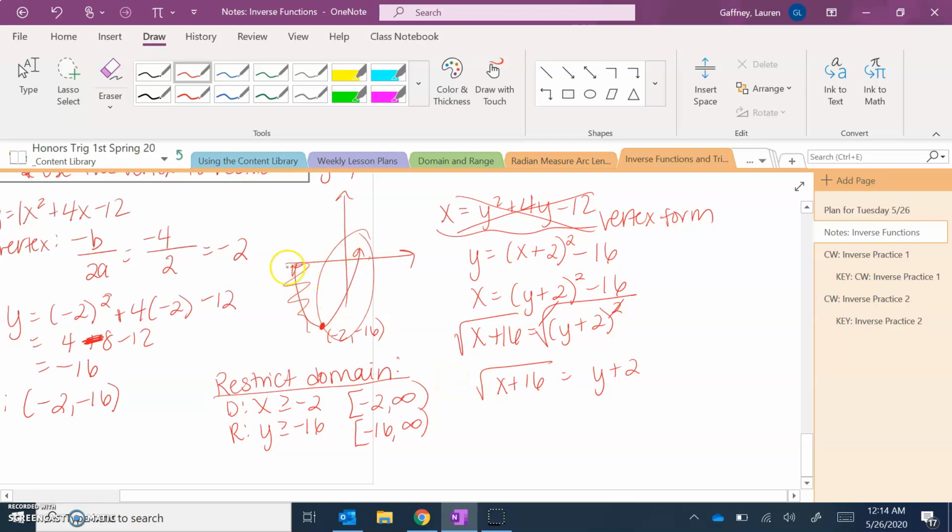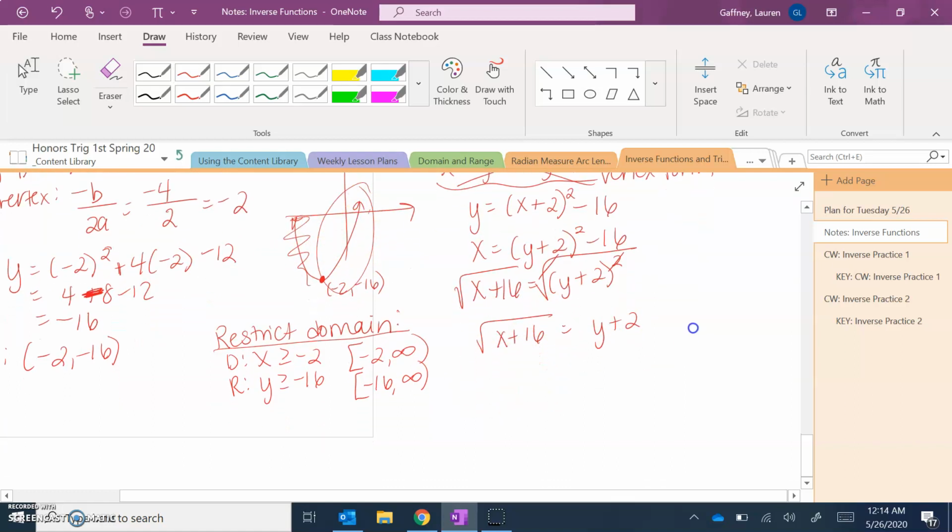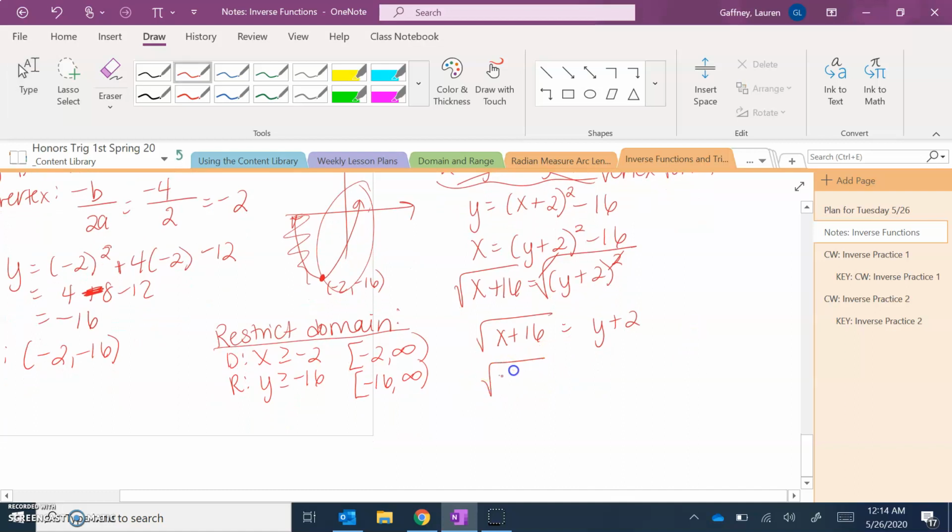Kind of like we didn't want both sides here, you don't want both sides here. Generally, if you keep the right-hand side, which is like the positive side of this, you want the positive side of this. And then subtract the 2. Sorry, I keep forgetting that one. So now my inverse is the square root of x plus 16 minus 2.